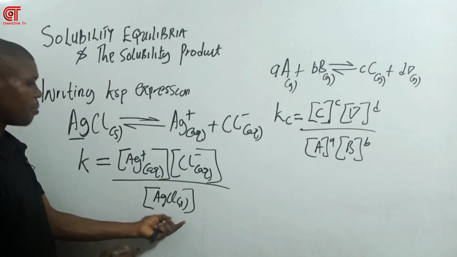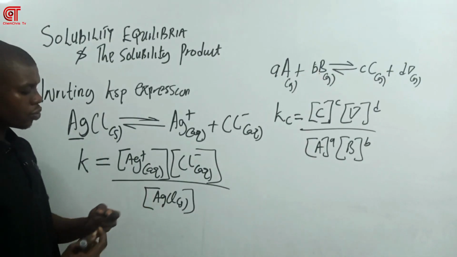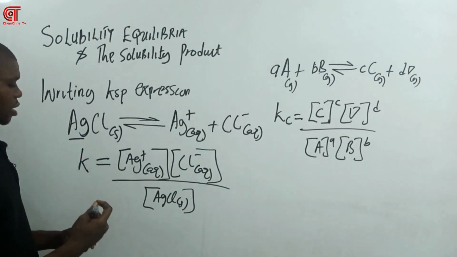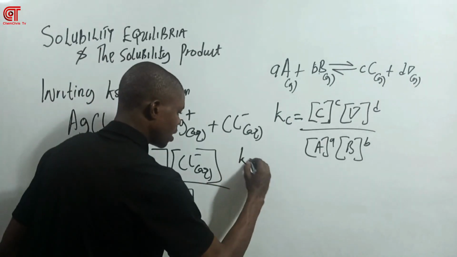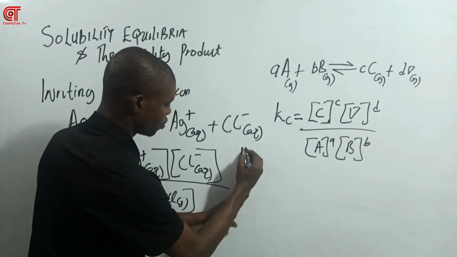Now, because this is a solid, we are not going to use it. So we now introduce a constant called Ksp, which means solubility product constant.